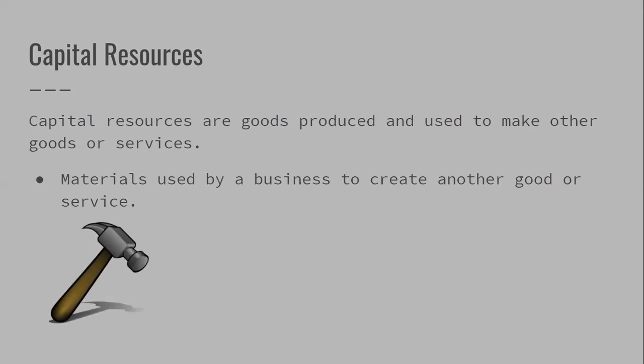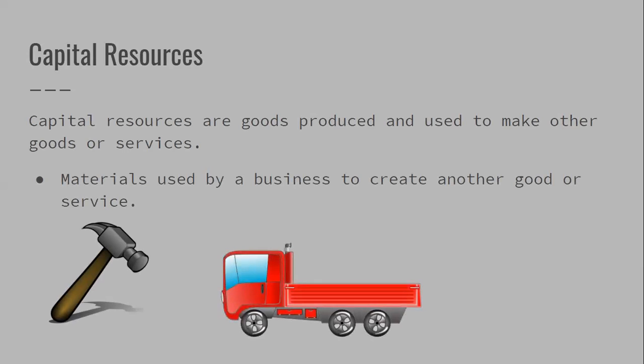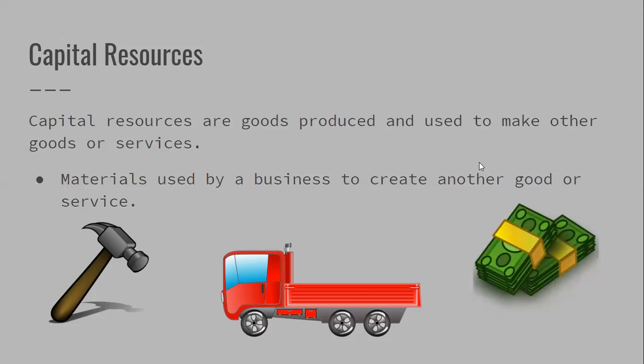For example, a hammer is a capital resource because people use it to build houses. A truck is a capital resource because it can take human resources to other places. And money is a capital resource. You need to have money to be able to make other goods and services.